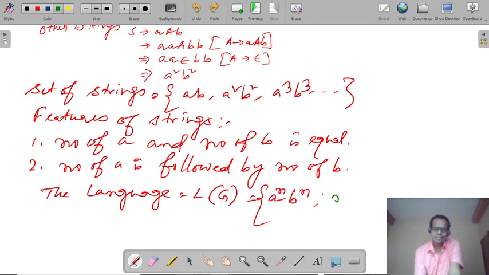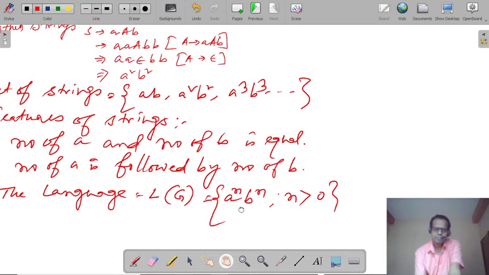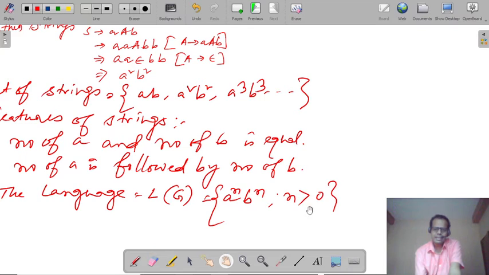So n is greater than 0. That means it will start from 1. Just see that the n value is greater than 0, so it will start from 1.